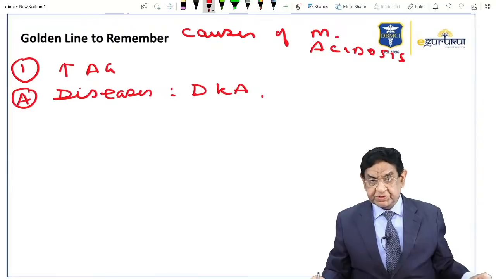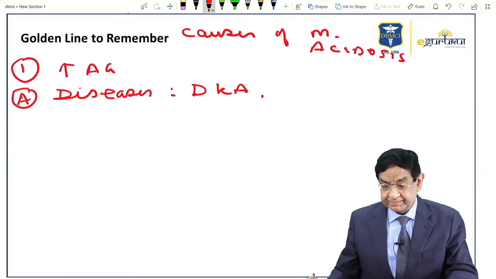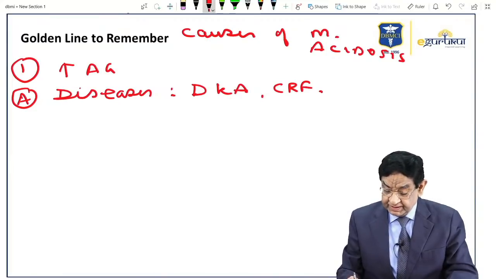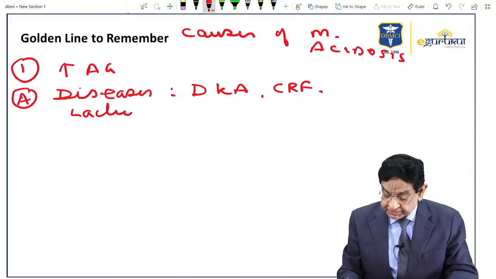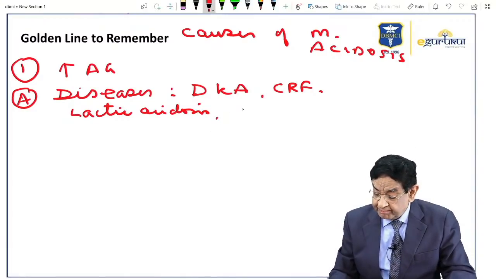In the previous question, we did talk about DKA, metabolic acidosis. This may occur in chronic renal failure. It occurs in lactic acidosis. It may occur in prolonged starvation.